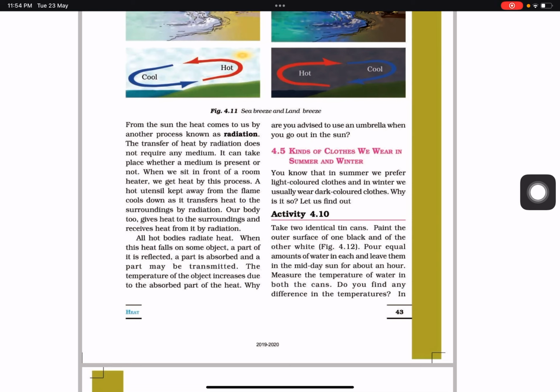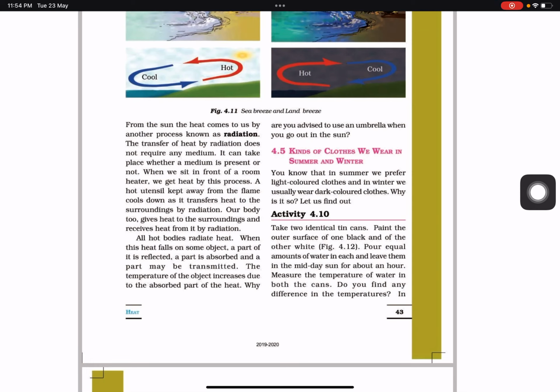अब एक अलग टॉपिक है, kinds of cloth we wear in summer and winter. तो as you know, जो लाइट कलर होते हैं वो रिफ्लेक्ट करते हैं सनलाइट को और डार्क कलर एब्जॉर्ब करते हैं. If there is more absorption, the body becomes more heated.